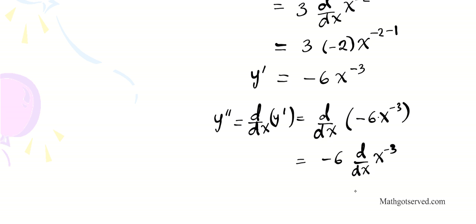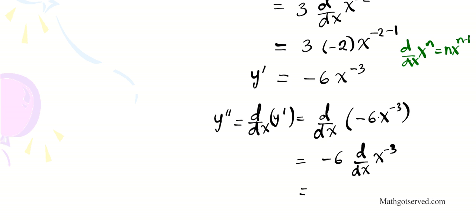Okay? Now let's apply the power rule to the differentiation of this. Let me refresh your memory. Remember the power rule, d dx of x to the n. Simply bring the power to the front of the x and then subtract 1 from the power that was there before. That will give you the derivative of this term. All right, so let's apply that here.